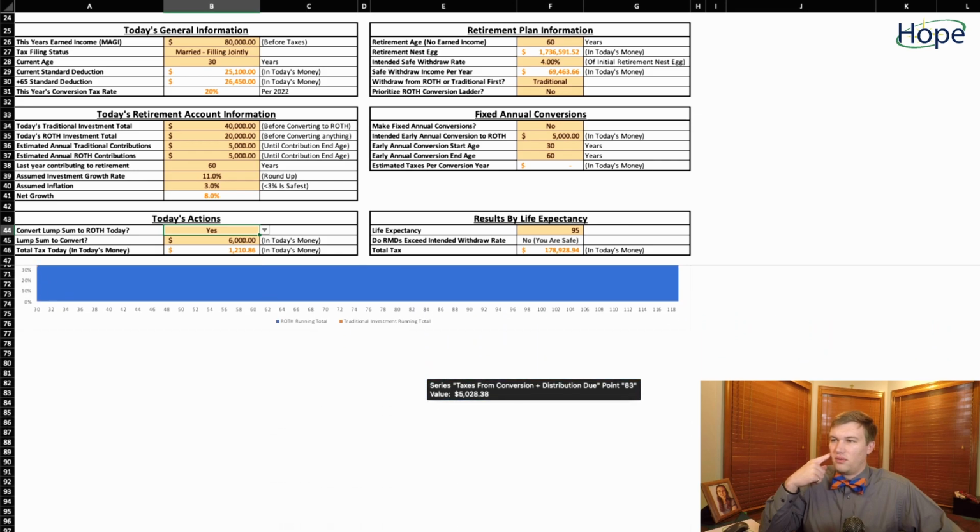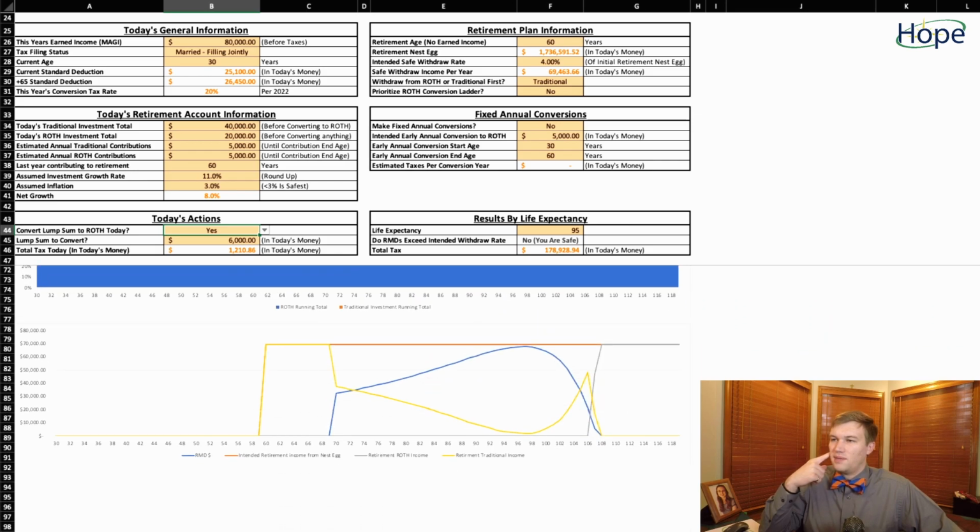But by doing so, just that one lump sum keeps the blue line below their intended withdrawal rate. So by just moving that little bit of money, they're able to be safe. And that was the big thing we were concerned about. So an additional $1,200 in taxes today solves their problem the way things are mapped out, assuming everything else stays static. That's kind of cool.